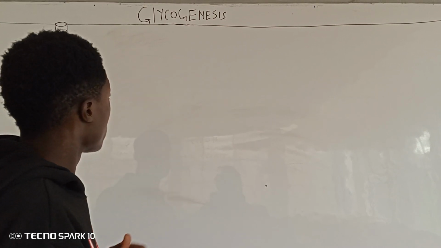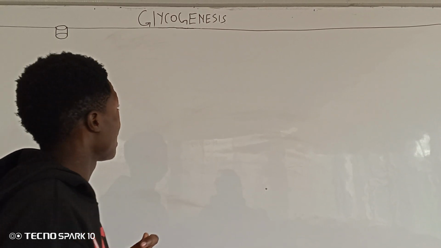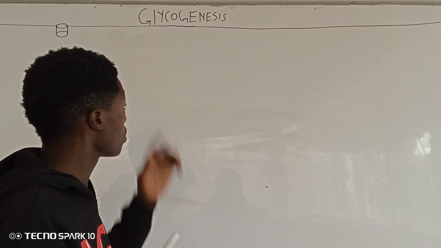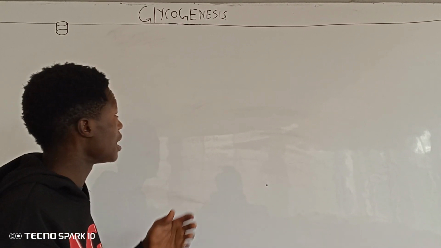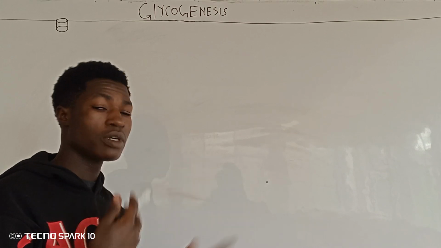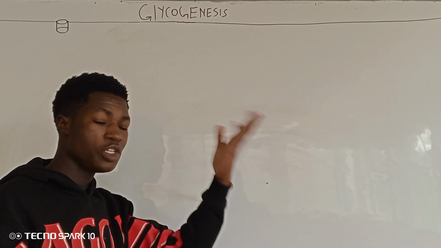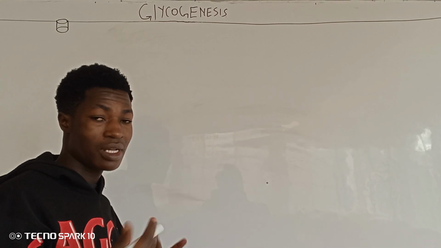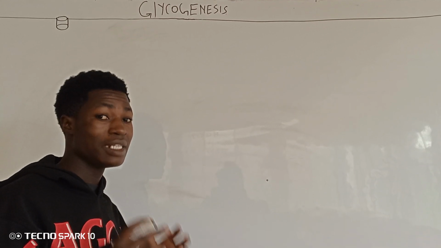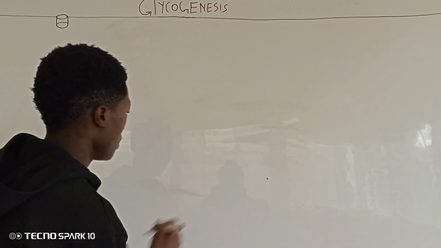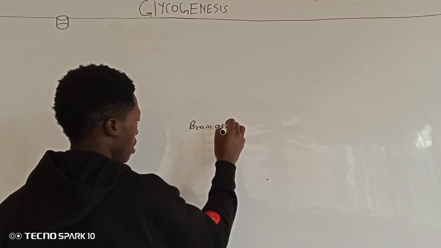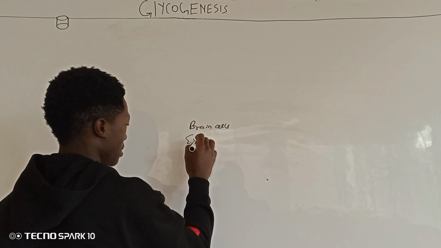Now, glycogenesis is a process that occurs when there is excess glucose in your body. When there is excess glucose in the circulation, the body will decide to preserve some of the glucose in a form that can be used later, because there are certain cells in the body that entirely depend on glucose, for example the brain cells and sometimes the erythrocytes.